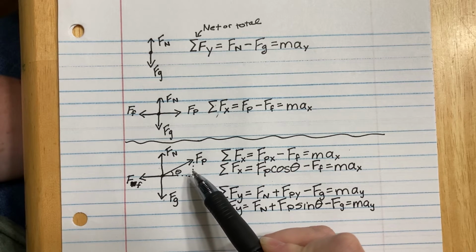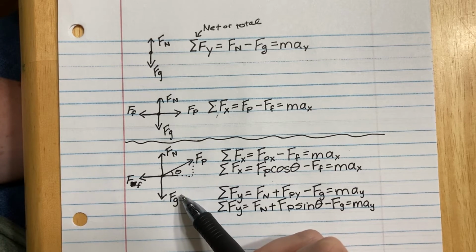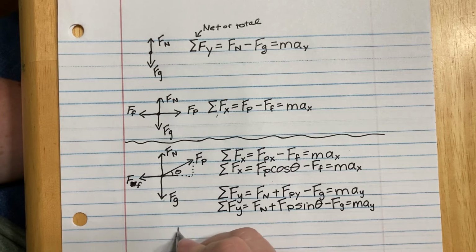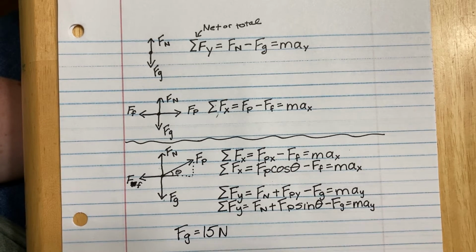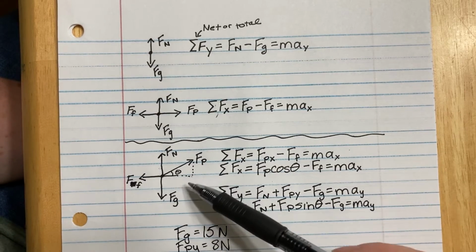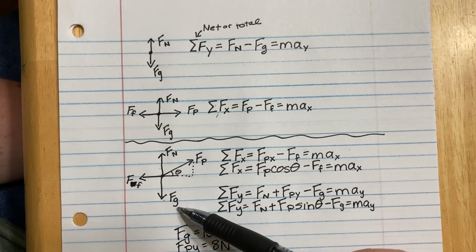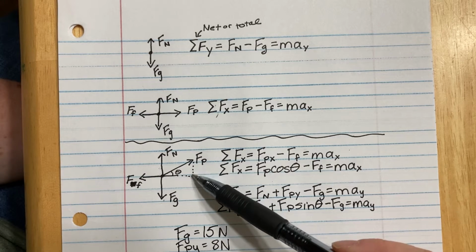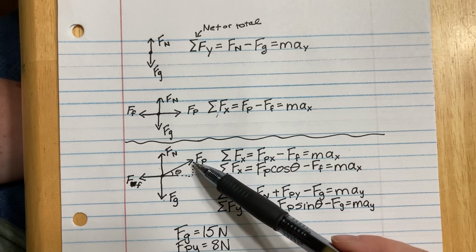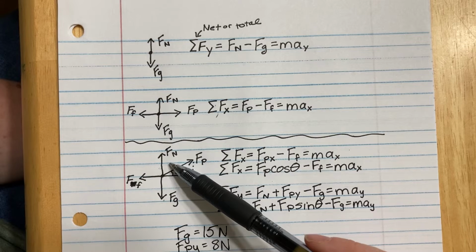Let's just make up some numbers. Let's say FG was 15 newtons, just to make these numbers easy, and let's say FPY was 8 newtons. What that means is gravity is pulling down the 15, the rope is supporting 8 of that, and the normal would be taking the rest.